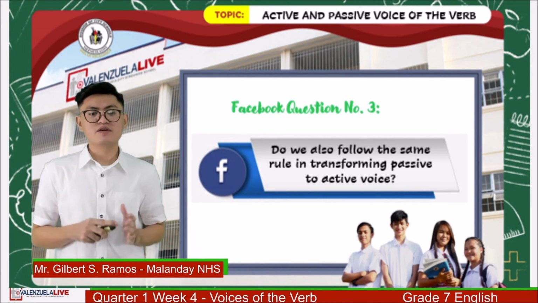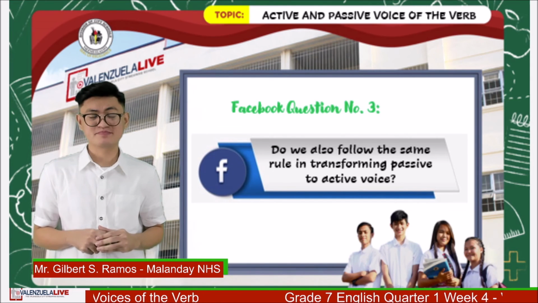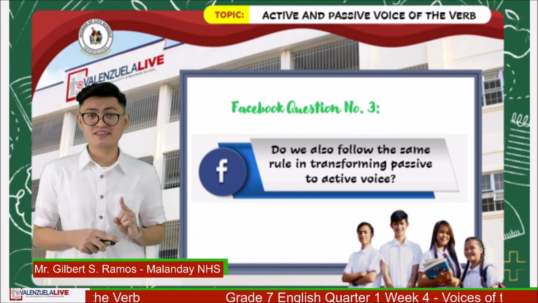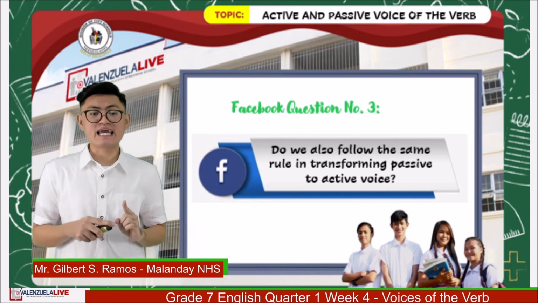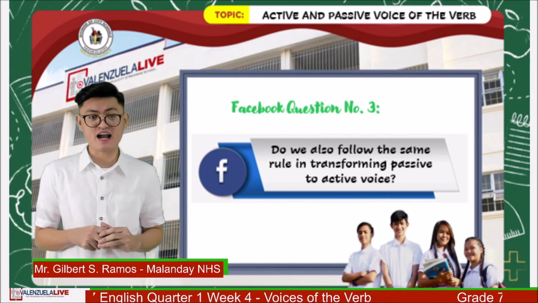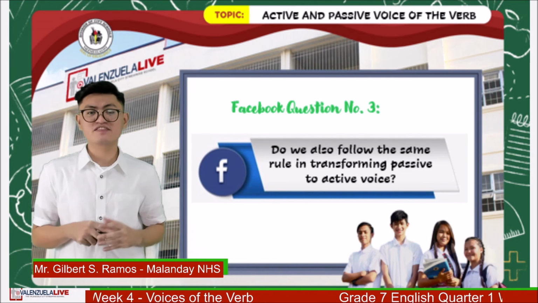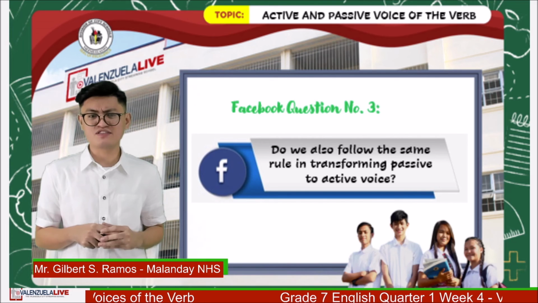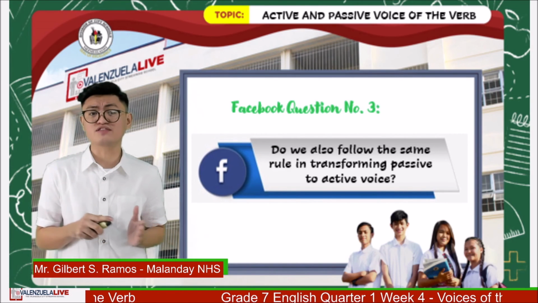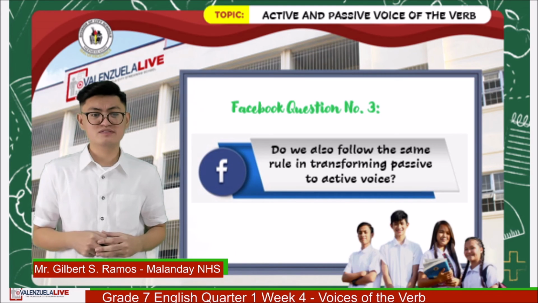Example, the food packs are distributed by him. 1. Get the subject. In the active voice, the subject is the performer and it can be found in the by phrase if there is a by phrase. In this case, him cannot be a subject, so we change it to he. 2.